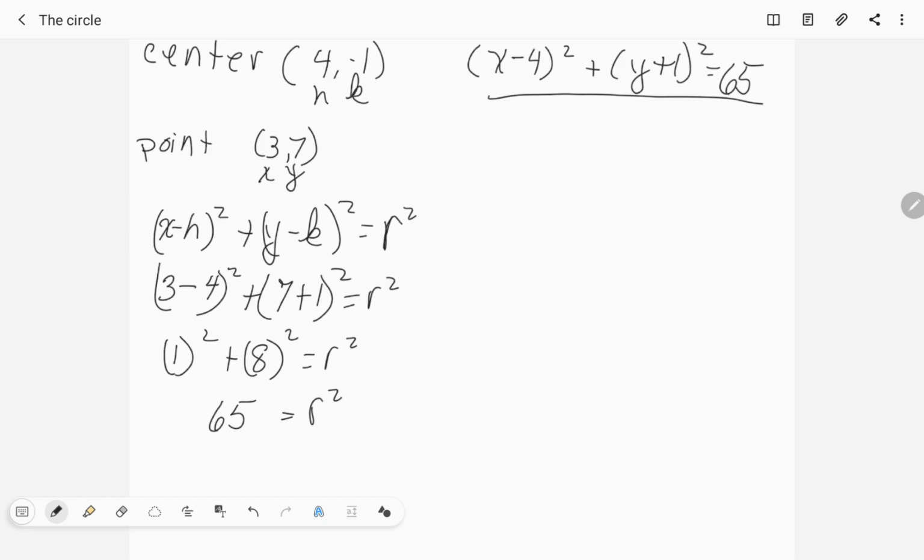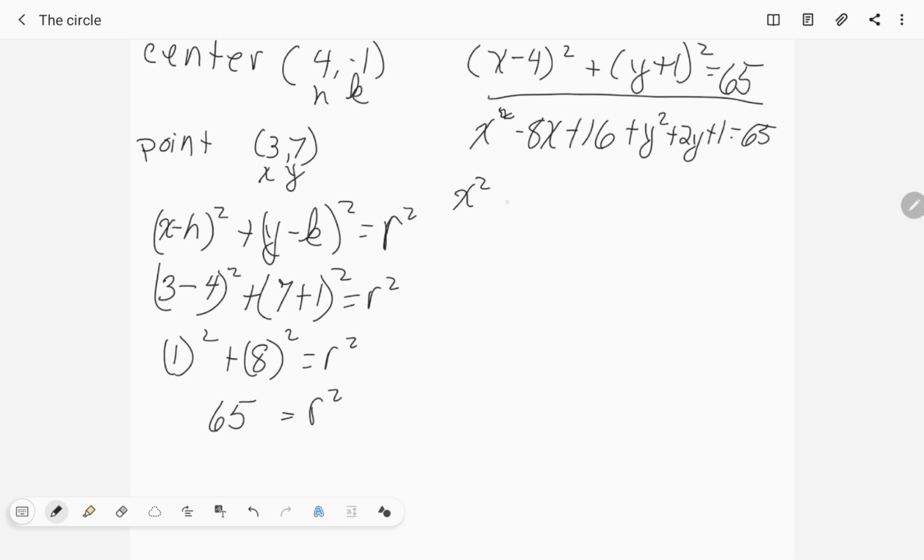So general form is just a matter of expanding it out. X squared, wow, that's bad, minus 8x plus 16 plus y squared plus 2y plus 1 equals 65. Move everything over to one side and organize everything.